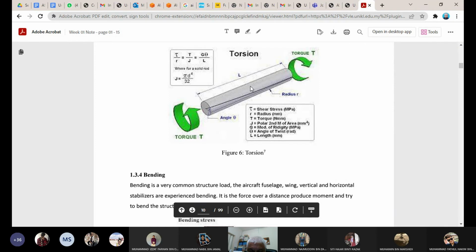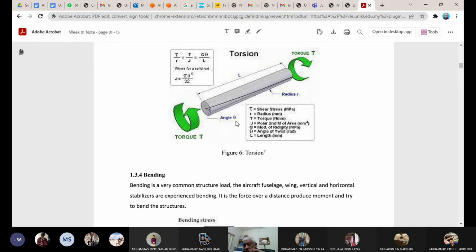Just like when you pull and it breaks into two, you can also twist the structure. Normally the failure would be shear failure. Okay, any questions for that?